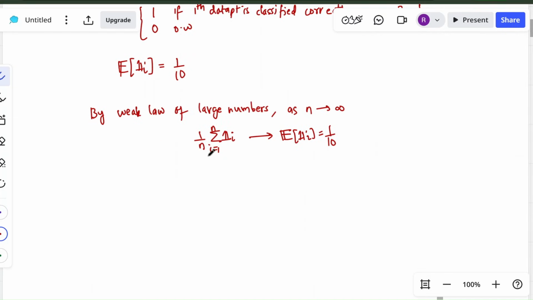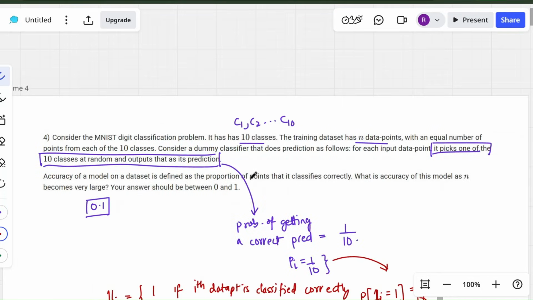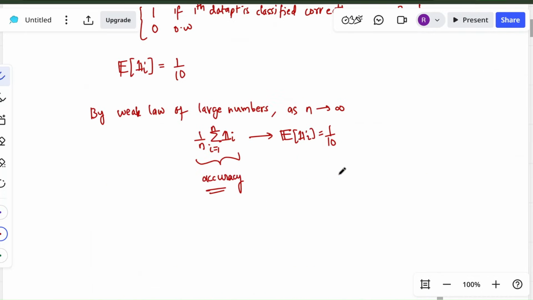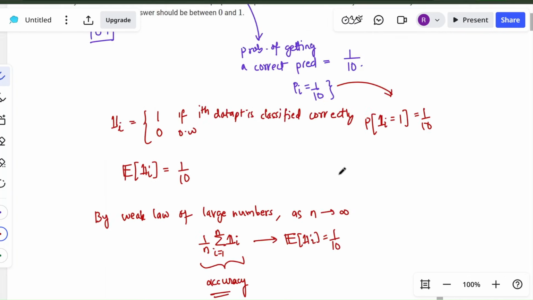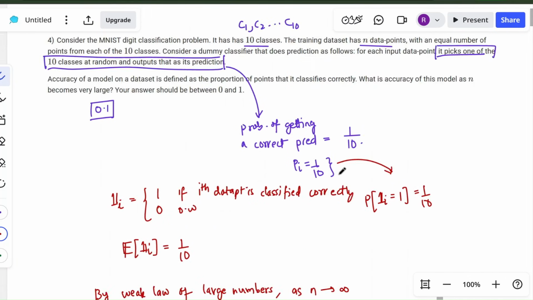And what is this sample average? This is nothing but the accuracy, because accuracy is defined as the proportion of points that are classified correctly. This is a formal proof of why the answer is equal to 1 by 10 or 0.1.